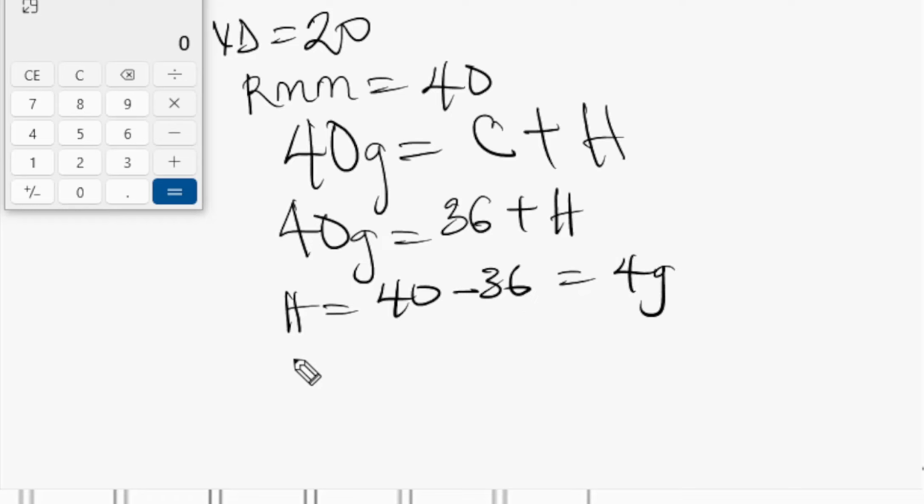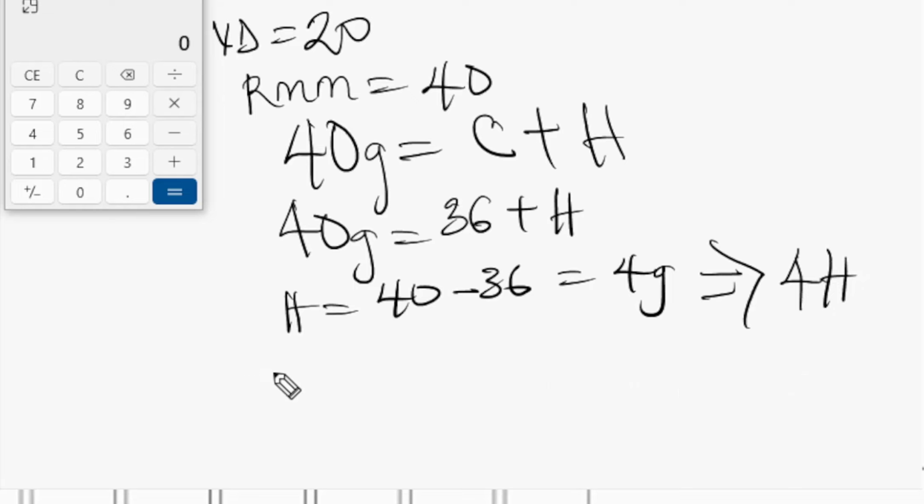So guys, for this now, 4 grams of hydrogen will actually contain 4H, since hydrogen is 1. If I divide this by 1, I'll still have 4. So this hydrocarbon will contain 4 hydrogen atoms.